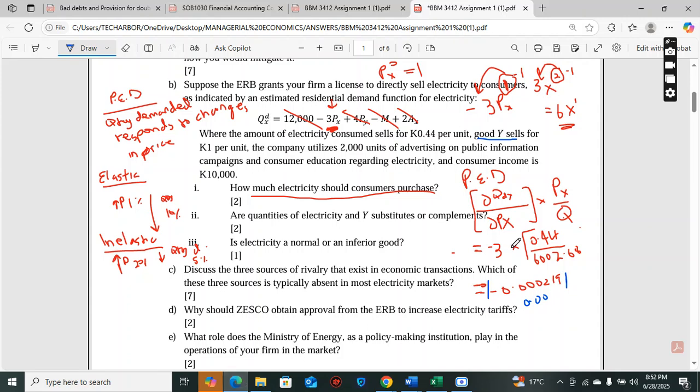So once you get your price elasticity of demand, it will be a negative number, so you have to get the absolute value, meaning you have to ignore the negative sign. The reason is that due to the law of demand, when price goes up, quantity demanded will go down, or when price goes down, quantity demanded will go up. So you always have a negative value.